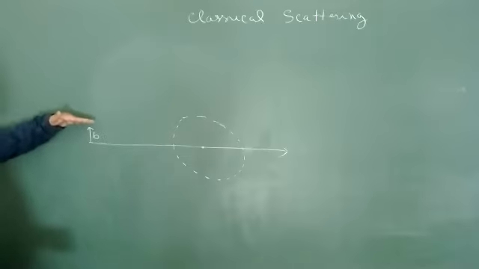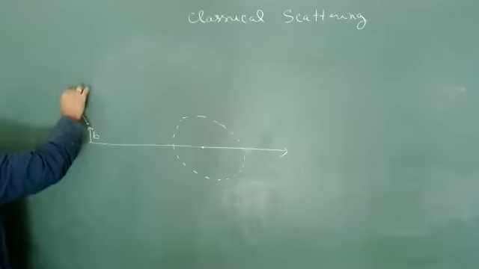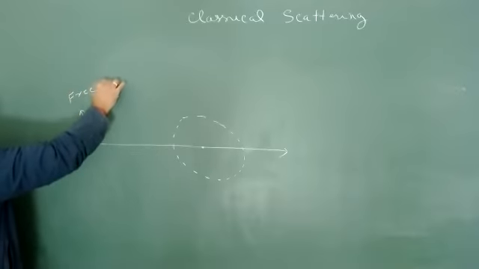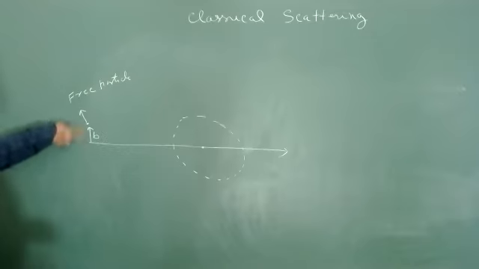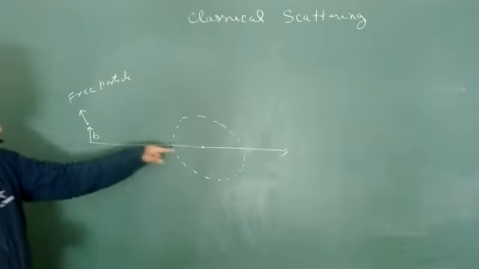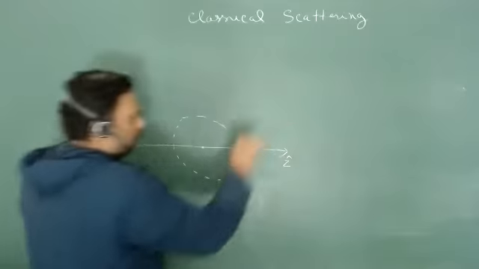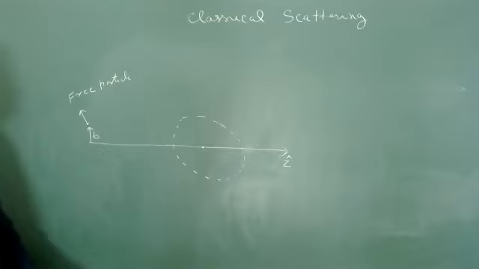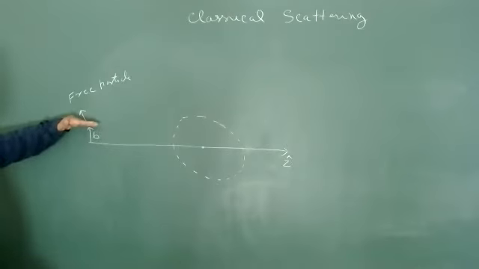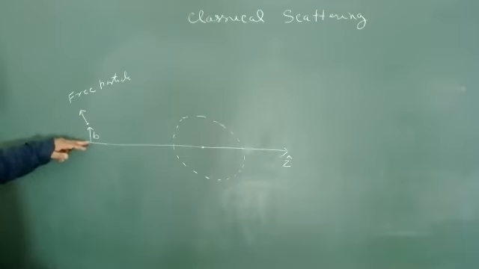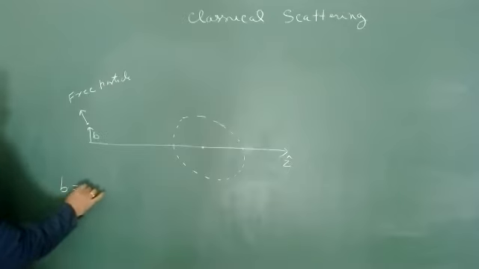When we are sending the particle, when it is free, here my particle is a free particle, and you will obviously send the particle from some distance from a reference line, and let's say this reference line is my z axis. The distance of the particle from the reference line is identified as the impact parameter. So b is identified as the impact parameter.